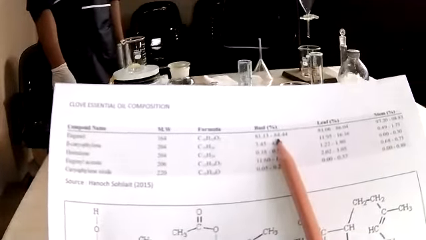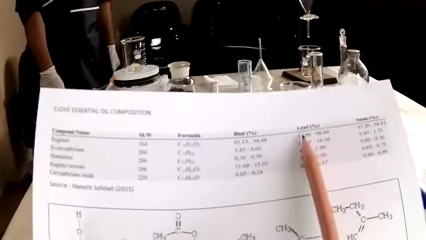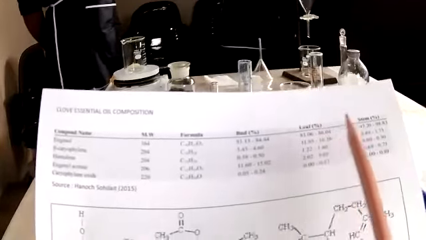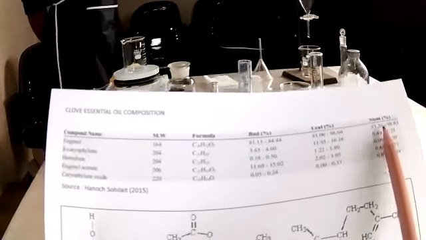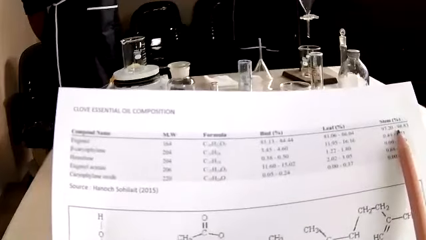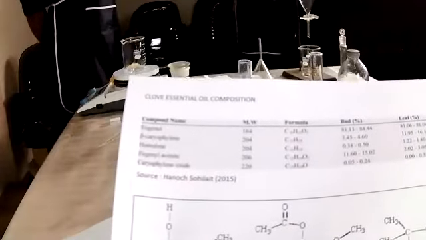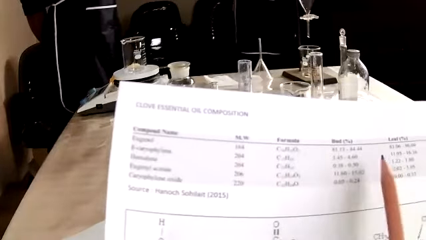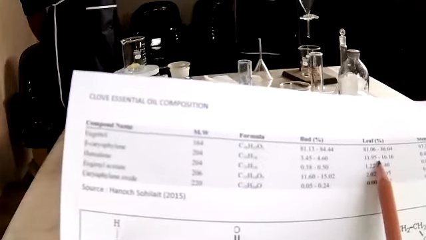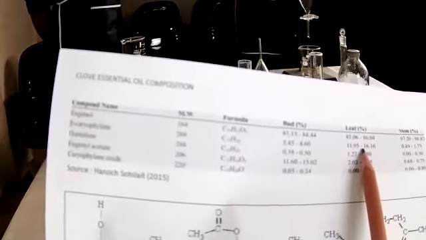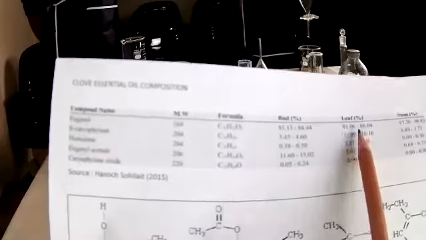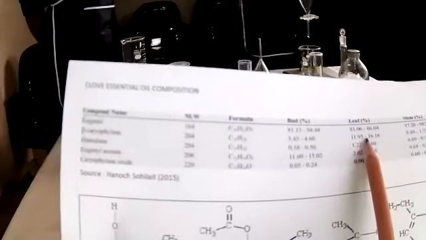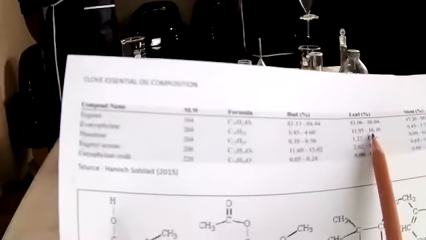For example, the flowers, it's about 81%. And then if it's from the leaf, it's lower. And then from the stem, it's about 98. And it's different in terms of the coloring agents here or property. It's about 11 or 12%.